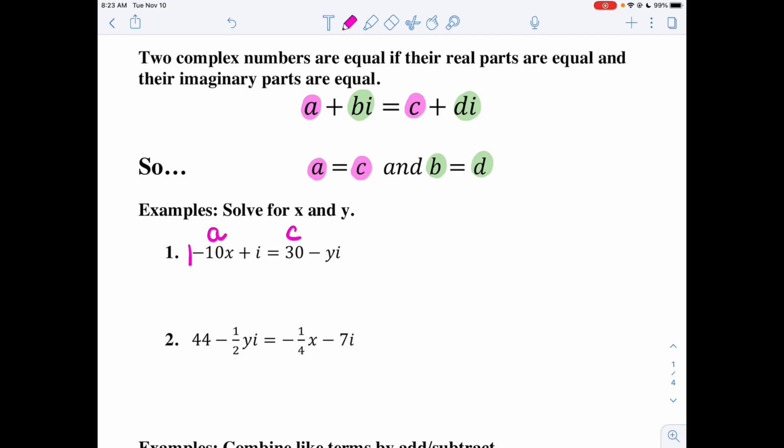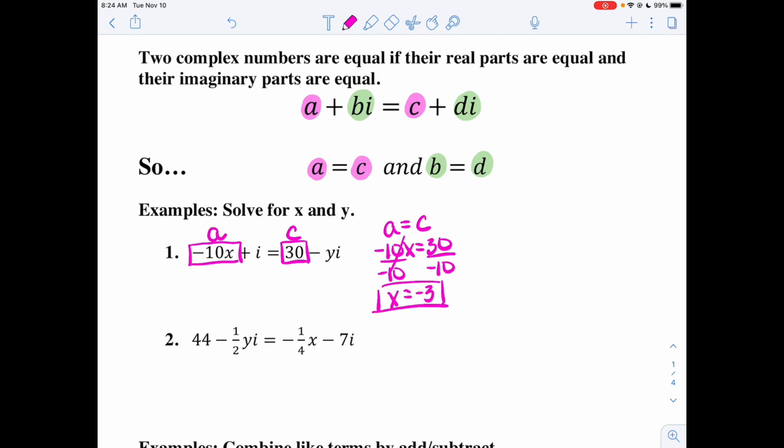Now remember that a and c are the real parts. They're the parts that don't have an i. So I can say that a is equal to c. So negative 10x is equal to 30, and I can solve this equation. I can divide by negative 10, and that leaves me with x is equal to negative 3.